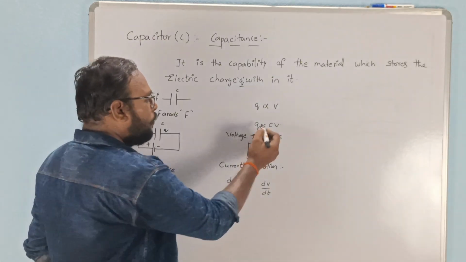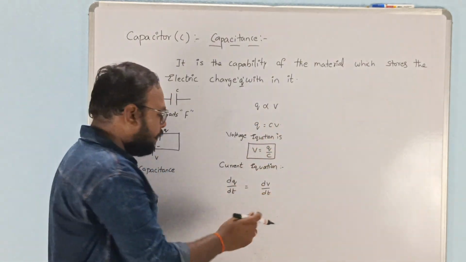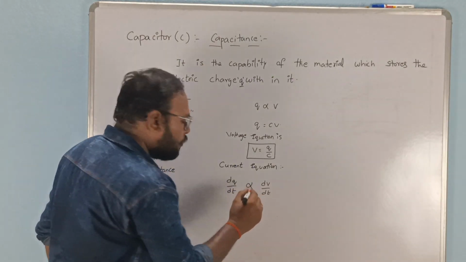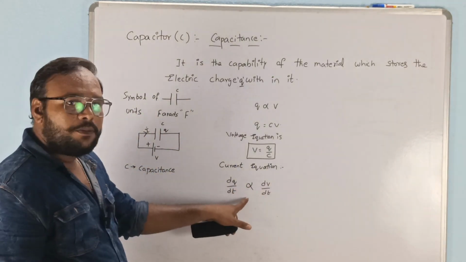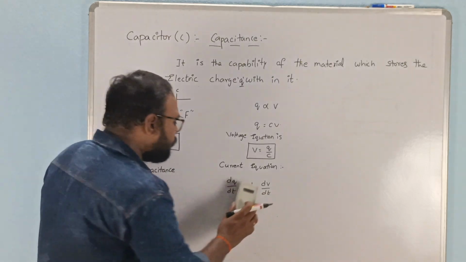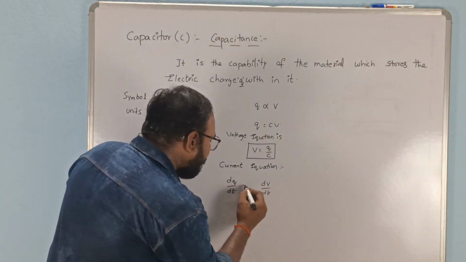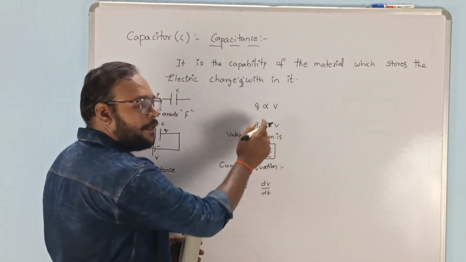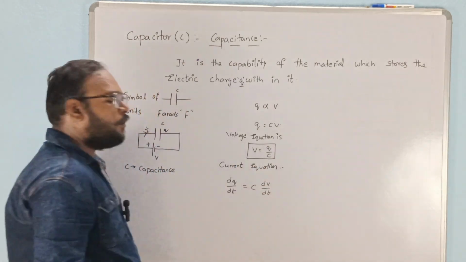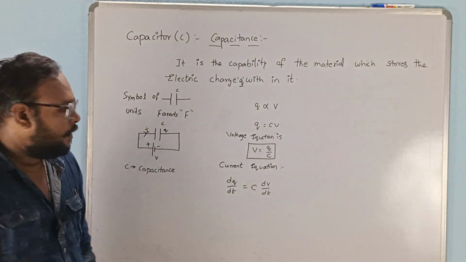Already we know that Q is directly proportional to V, so these two are proportional to each other. To remove this proportionality, just like we did with the capacitance constant, here also we are going to take the capacitance constant.